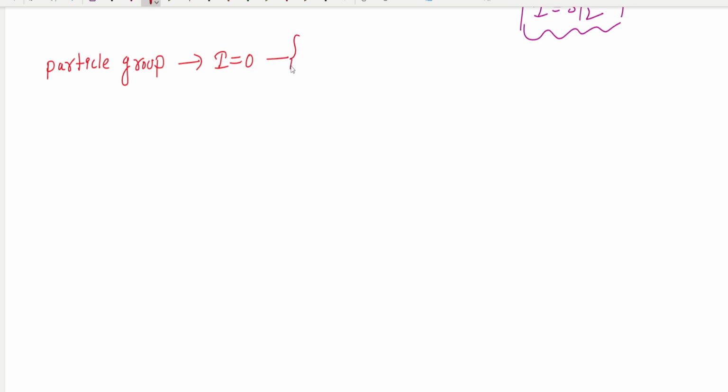So here, particle groups with I equal to 0 we can call a singlet group.